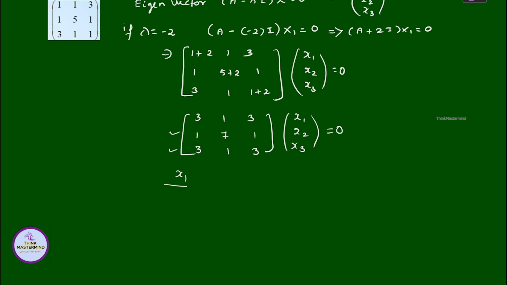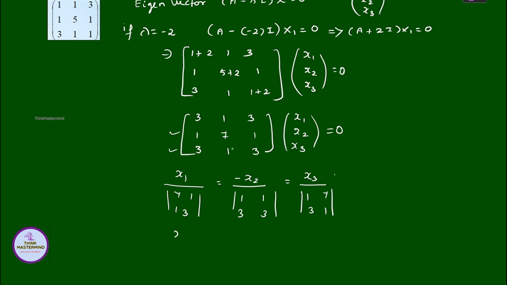The x1 value is the determinant of these numbers, that is 7, 1, 1, 3, is equal to minus x2, leaving the x2 coefficient, the determinant of 1, 1, 3, 3, is equal to x3 divided by the determinant of 1, 7, 3, 1.